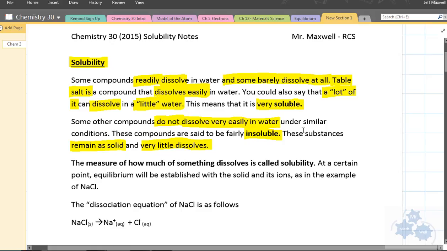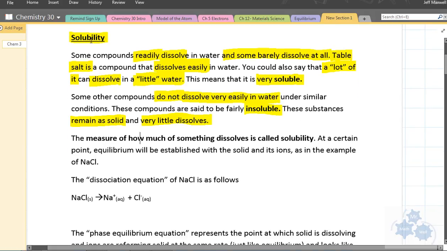Soluble, insoluble. Now, solubility is the measure of how much something will dissolve. So if you were to measure how much of something dissolves, that's called solubility. So a high solubility, and we'll say high, I don't like the word large really. A high solubility means that much of it dissolves. It's very soluble.